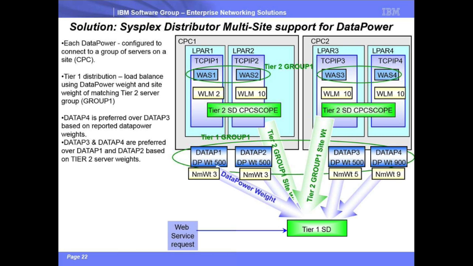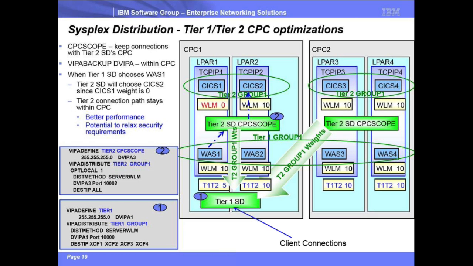We also have multi-site support availability for DataPower, and this is similar to the diagram I showed earlier when we were talking about Tier 1, Tier 2 CPC optimizations, again, where the goal is to try to keep the distribution from the WAS applications on the same tier as the CPC.